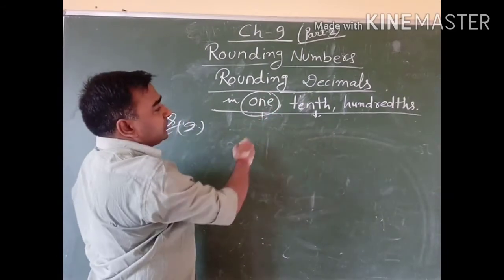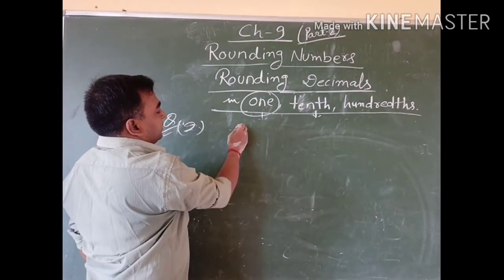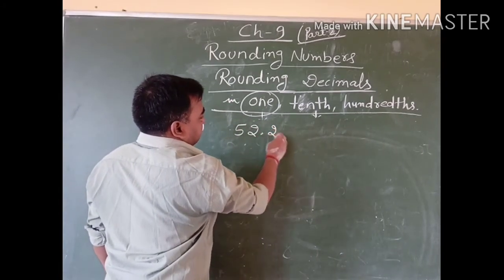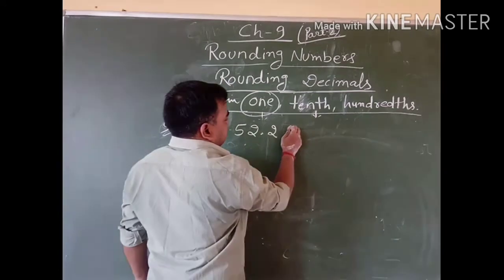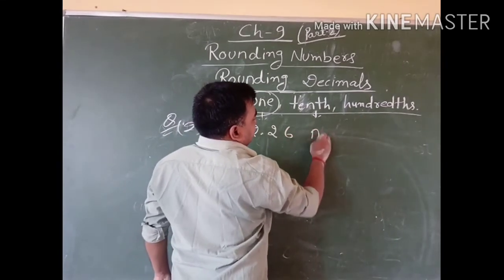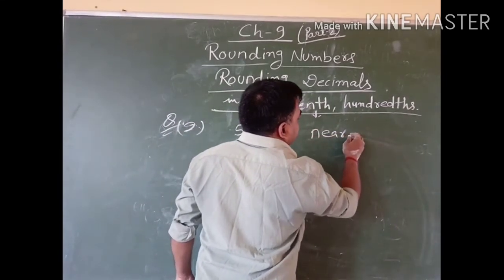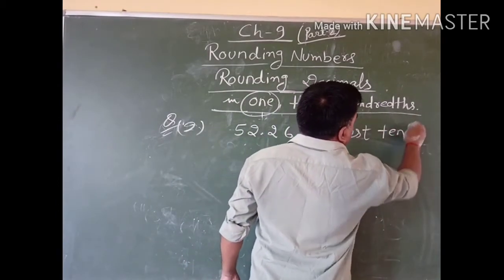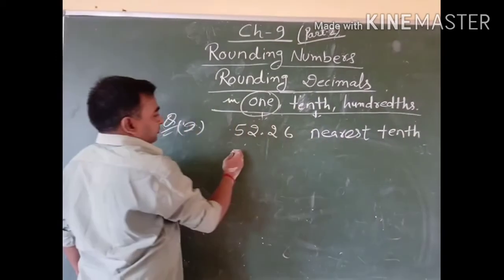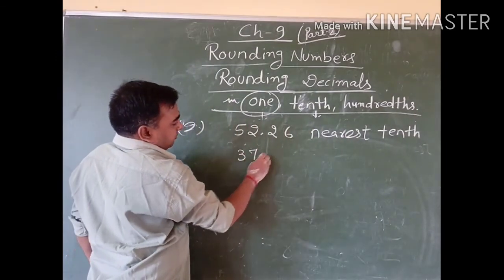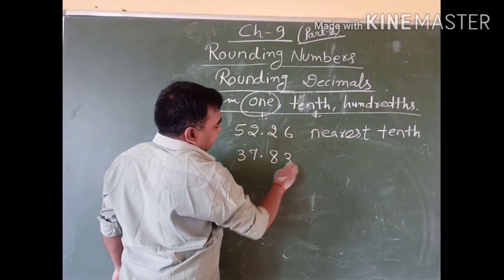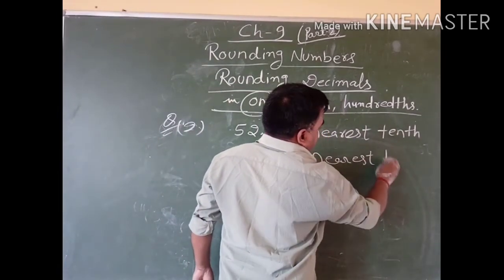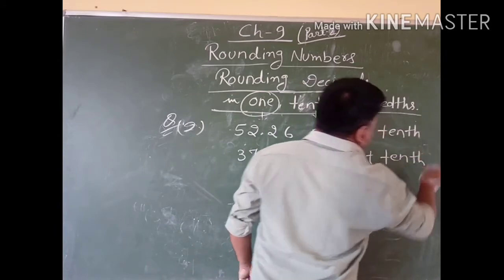Rounding decimals nearest 10th. It means 52.26 nearest 10th, and 37.83 nearest 10th.